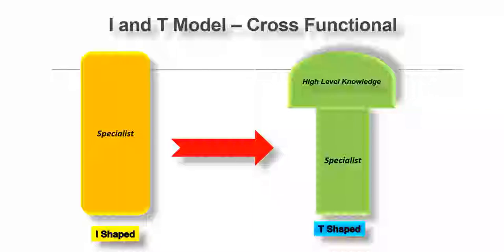But what Agile says is, hey, let's follow a T model. Let's be specialists and SMEs of our own technology, but let's learn something new, something more. It is not necessary for one to become an SME, but it is good to have knowledge of a few other things. And in that way, you become truly a cross-functional team.